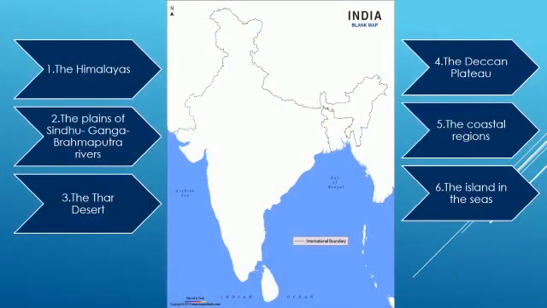The following regions are seen to be important when we look at the course of Indian history: the Himalayas, the plain of Sindhu, Ganga, Brahmaputra rivers, Thar Desert, the Deccan Plateau, the coastal region, the island in the seas.